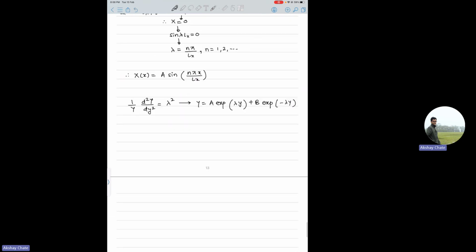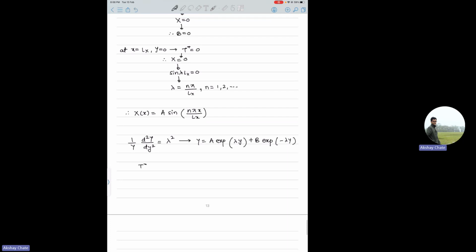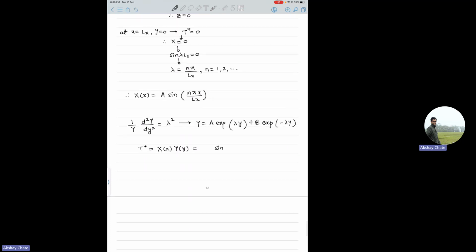So your T star, which is the non-dimensionalized temperature, which is X into Y, will become sin n pi x by Lx, and then there will be this whole term multiplied by sin n pi x by Lx.